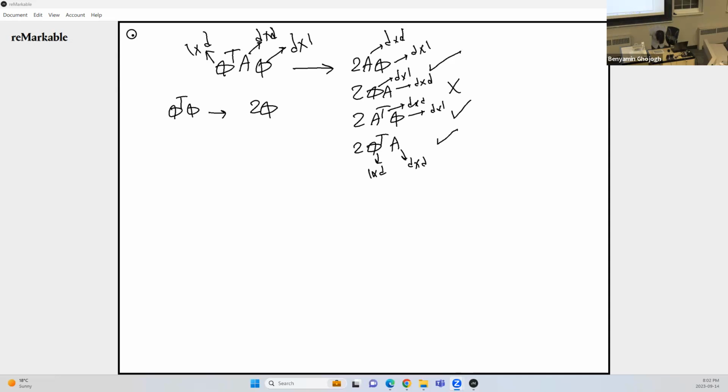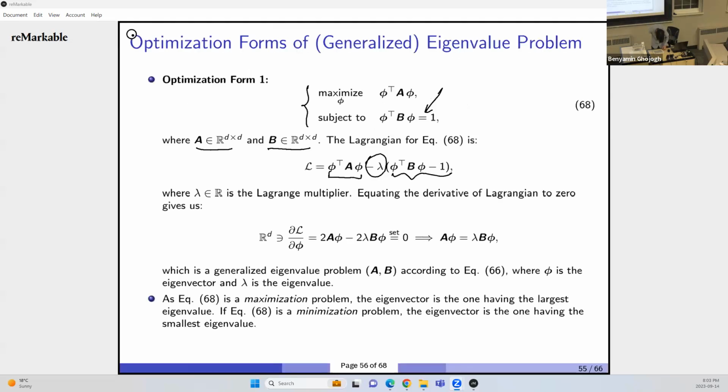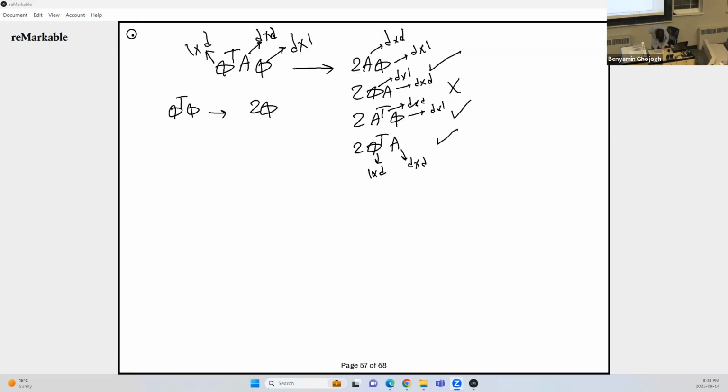So, let me think. Yes, here we have used A phi, but give me a second. A transpose. Yes, I think for that we need to do this.